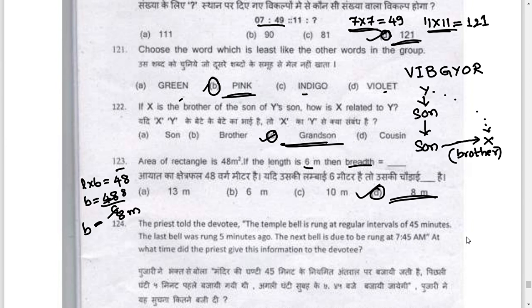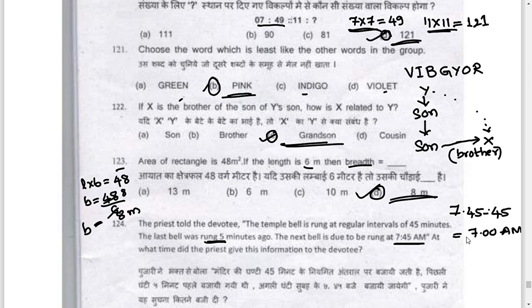So priest is telling to devotee that this bell rings after 45 minutes. So each bell will ring at 45 minutes. So before 5 minutes only it has been rung. Now it will ring at 7:45, means 7:45 minus 45 minutes. It will be what now? 7 a.m. So at 7 a.m. the bell was rung.